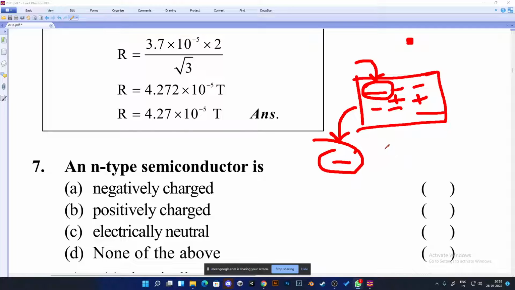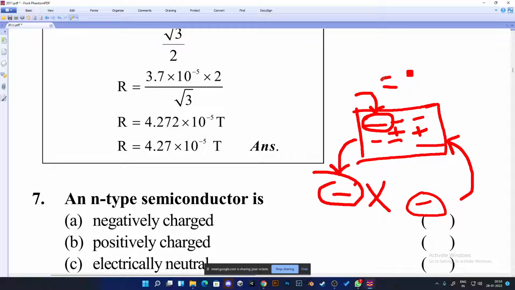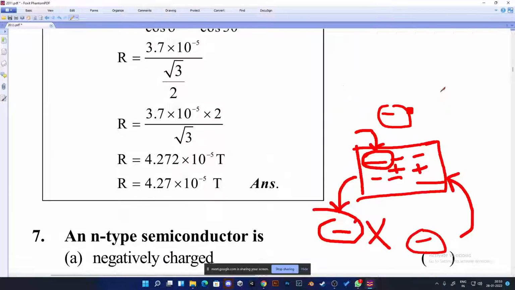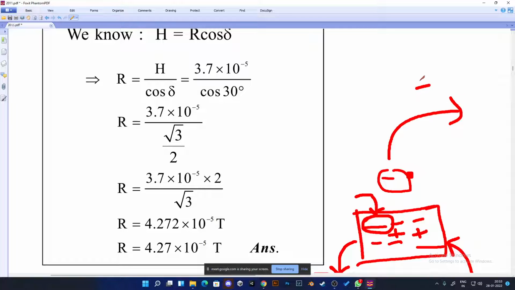Do they leave the semiconductor? They do not leave the semiconductor. Okay, what does it mean? How does it become charged? When electrons are gained from outside, then it becomes negatively charged. If electrons are lost, then you become what charged?